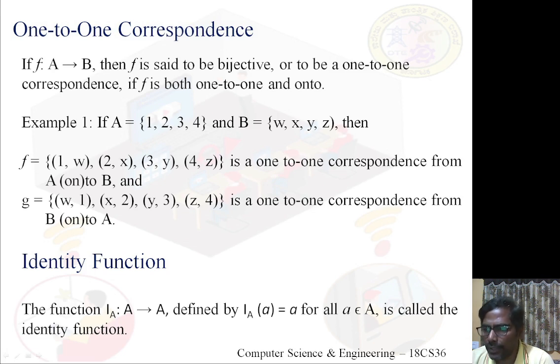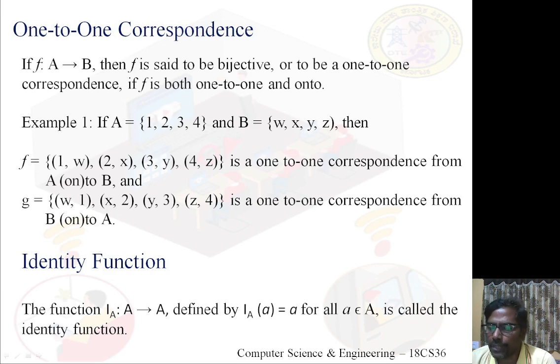Meaning, if the elements of codomain B appear as an image, then it should be only once. So when I look at function f, the elements of codomain B, that is W, X, Y, and Z, appear exactly once as an image. So f is one-to-one.